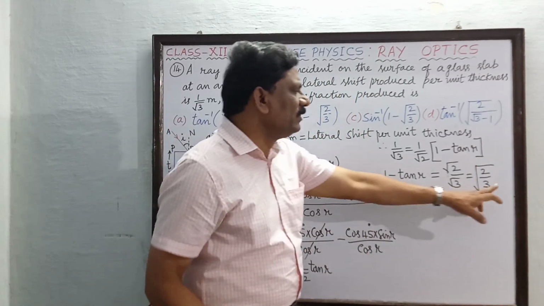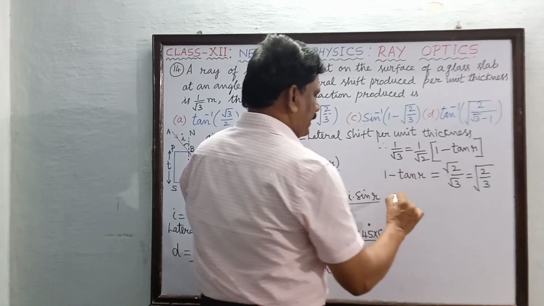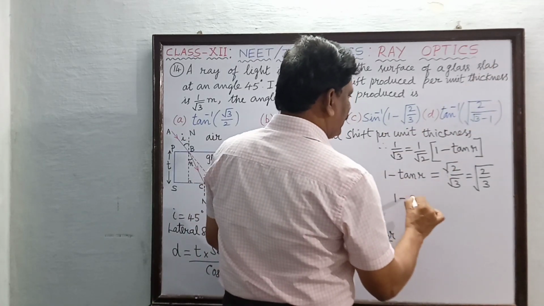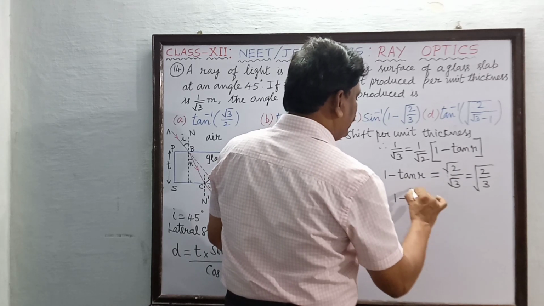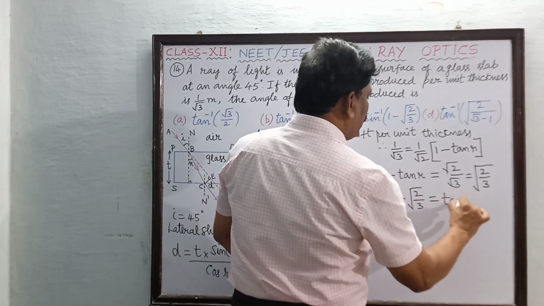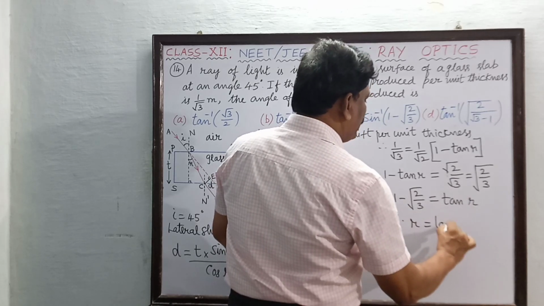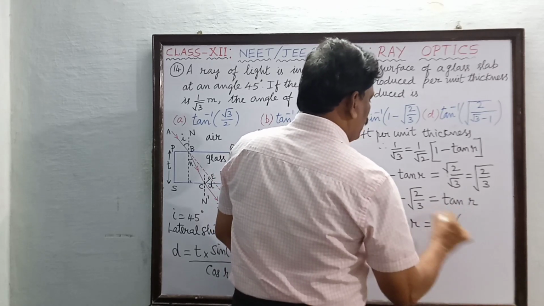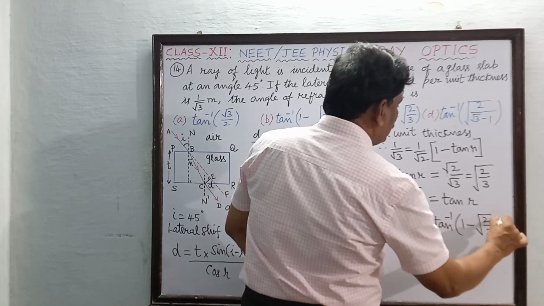Then I will bring this root 2 by 3 to the left and minus tan R to the other side. So 1 minus square root of 2 by 3 is equal to tan R. Therefore, R is equal to tan inverse of 1 minus square root of 2 by 3.